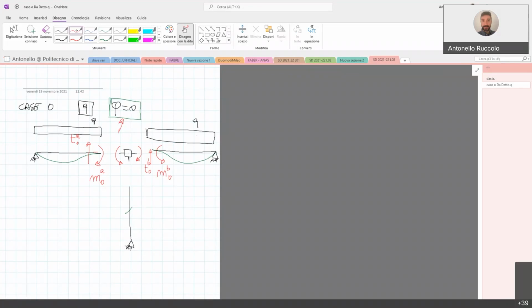Okay? And if it is acting upward in the beam, obviously, on the node, it will be applied downwards. In fact, it is also the effect of the load on the beam, on the node. Okay? If we have this structure and we have an external load applied on the beam, what we expect is that the node will tend to be dragged downwards. Okay?